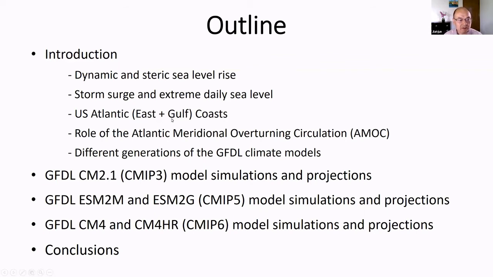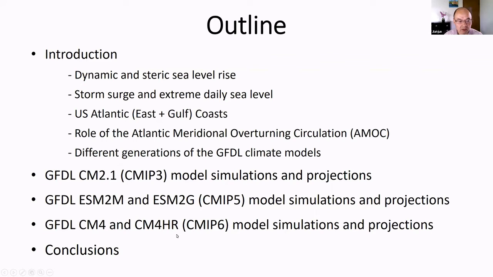I will discuss the storm surge and extreme sea level events along the US East and Gulf Coast, simulated by the latest model generation, the GFDL CM4 and CM4 HR, with relatively high resolution.